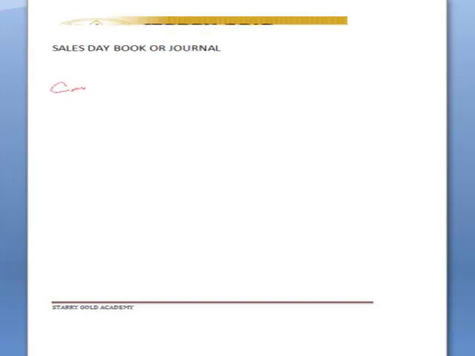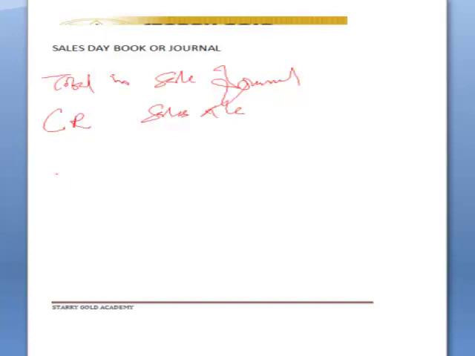So the sales account is credited, and the various customers' accounts will be debited.